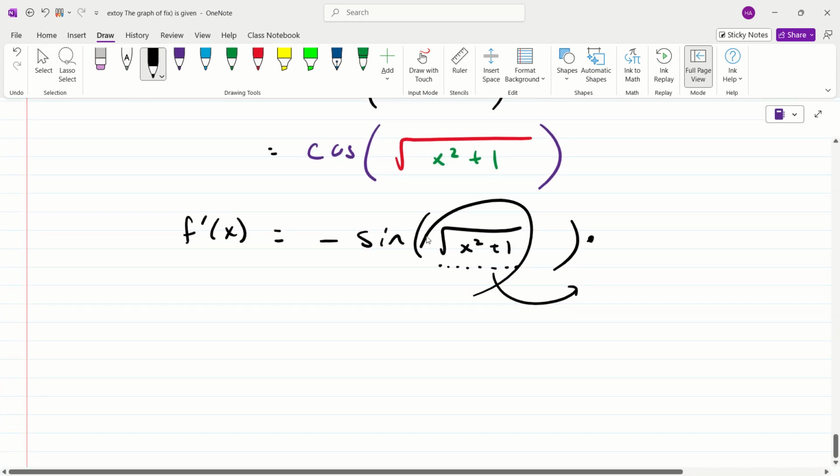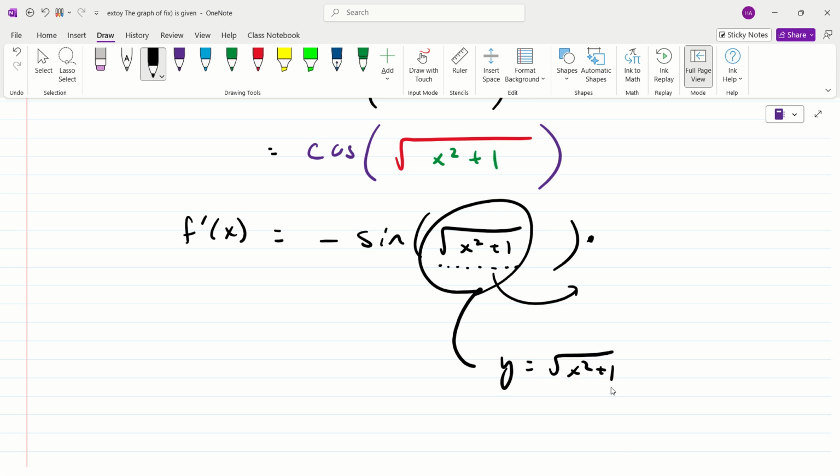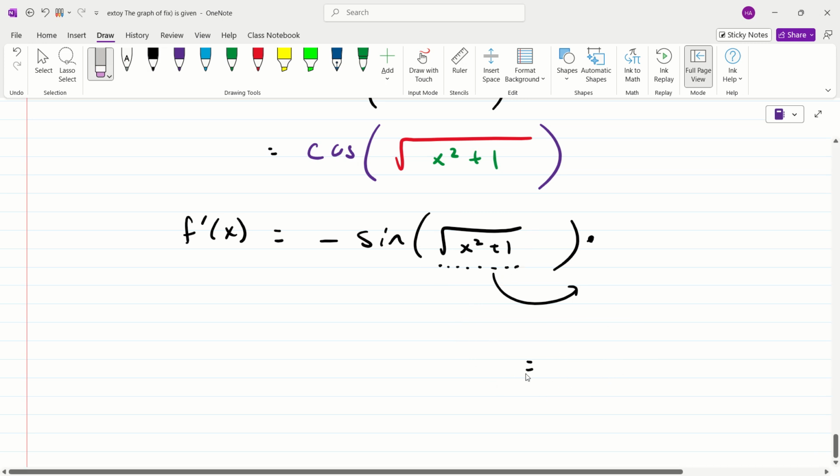You could think of this as sort of starting a whole new problem and saying, hey, you have y equals radical x² + 1. What's the derivative of that? So this is just taking the derivative of a function composed of two functions. Again, I'm going to focus on the outer function, the radical. The derivative of the radical is 1 over 2 times the radical.